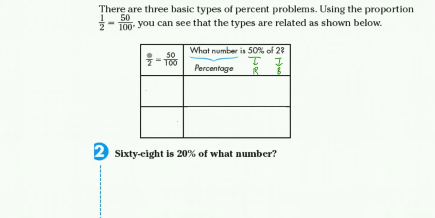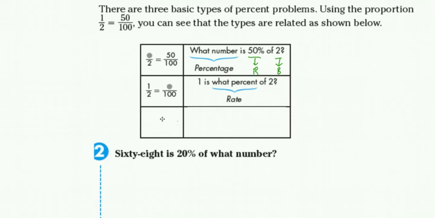Okay, let's take a look at the second scenario. We're now looking for 50, or our lowercase r. In this scenario, these are the wordings that you could probably find: 1 is what percent of 2, and we're looking for the rate here. And again, 2 is our base, 1 is our percentage.